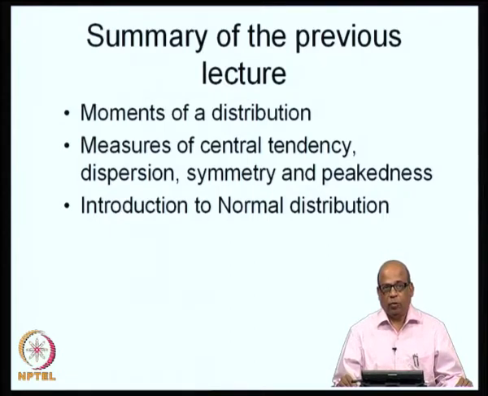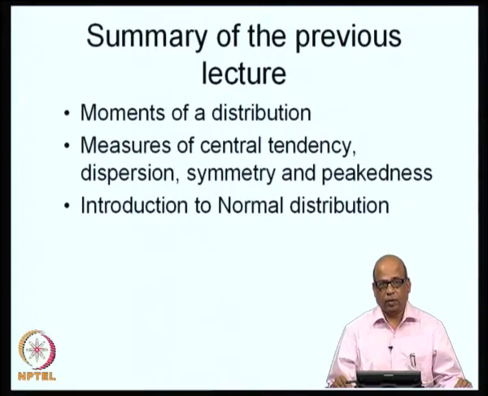Then we introduced measures of central tendency, specifically the mean, mode and the median, and then measures of dispersion, the standard deviation and variance and the coefficient of variation CV, measures of symmetry where we introduced the coefficient of skewness and the measures of peakedness, the kurtosis.